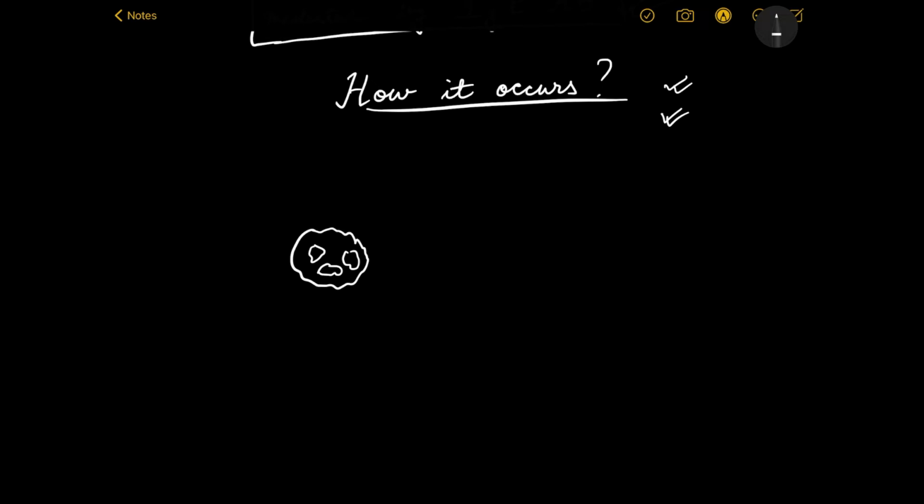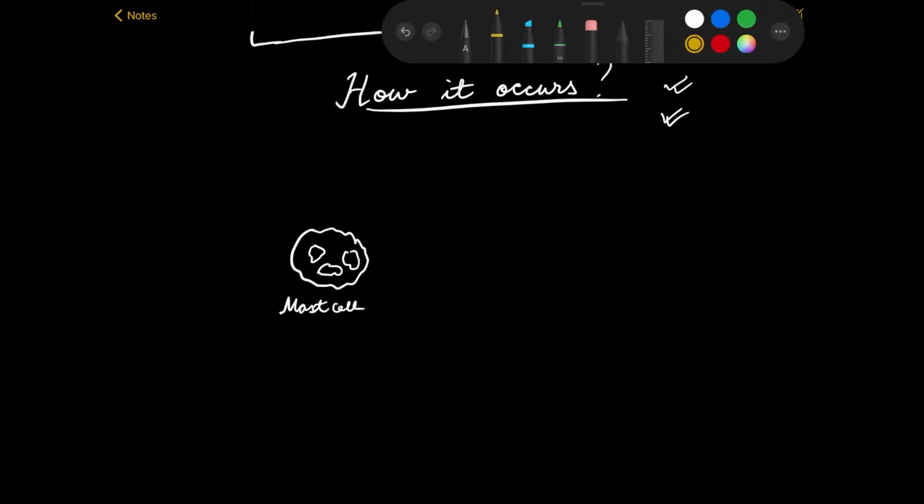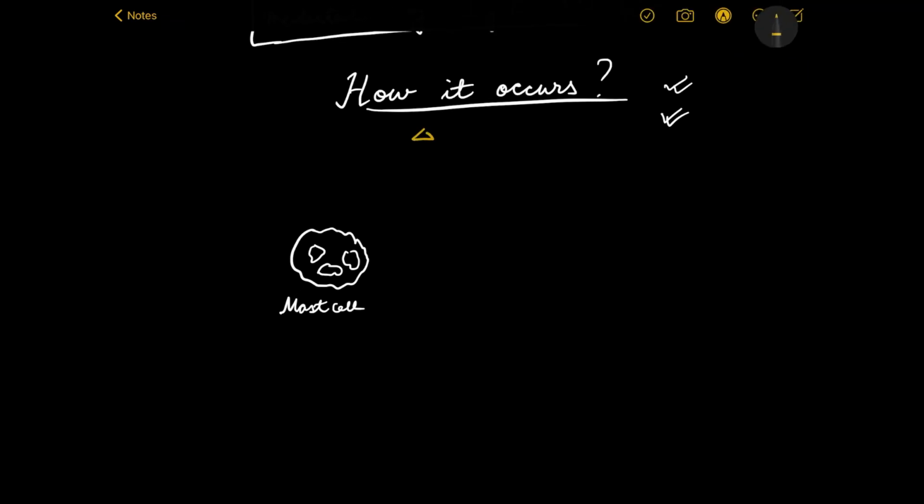Now, when we have an exposure to some kind of allergen, some kind of antigen, suppose, let's draw it with yellow, suppose this is the antigen. We are getting exposed to that particular antigen for the first time.